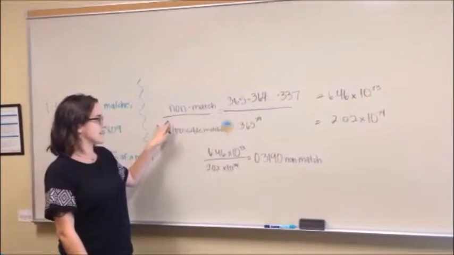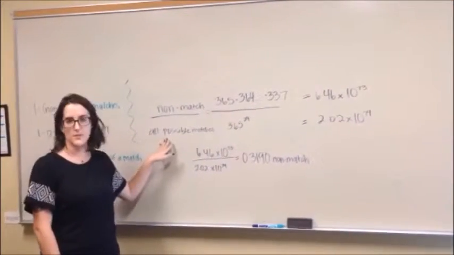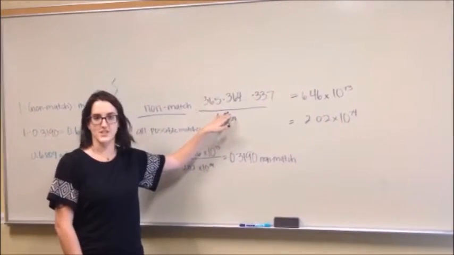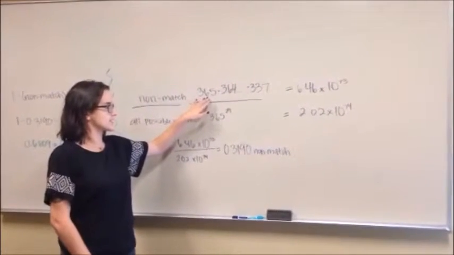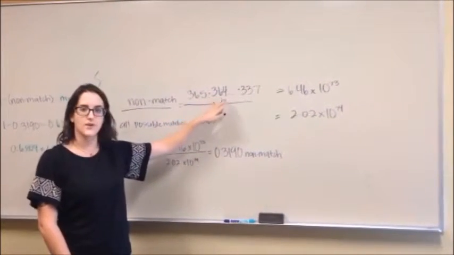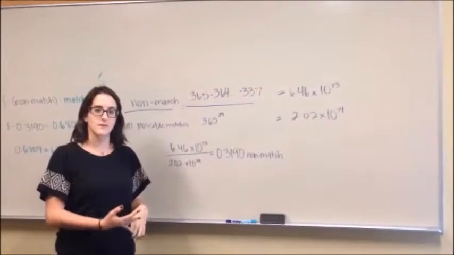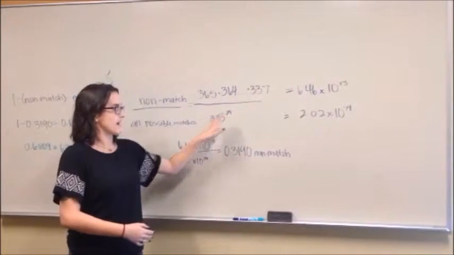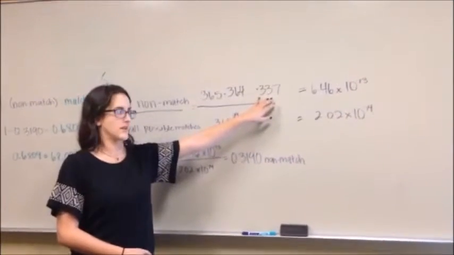So as we looked at earlier, we are comparing the total possible non-matches to all of the possible matches. And so what we have here is just a numerical representation of what you just saw with the blue blocks. On the top, we have 365 multiplied by 364, multiplied by 363, and so on, where we repeated that pattern by taking away one day of the year and multiplying all the way until we got to 337, which would be the last student.